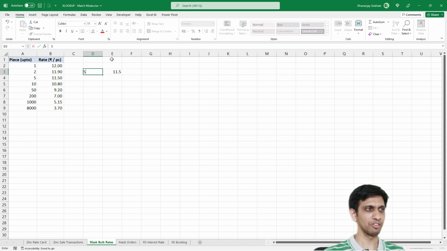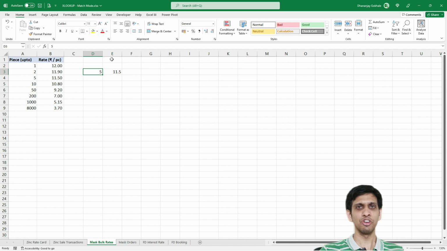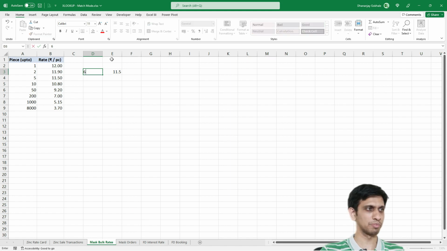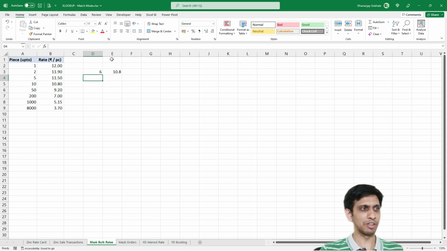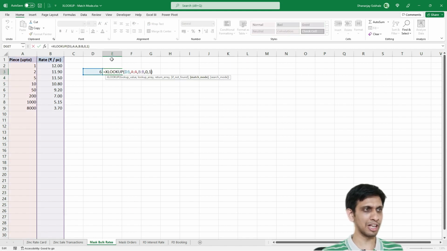The moment I ask for 6 masks at a time, my per-mask price would reduce to 12.8. So in this scenario, the last parameter of our XLOOKUP would be different. Match mode 1 means higher, or on the positive side.